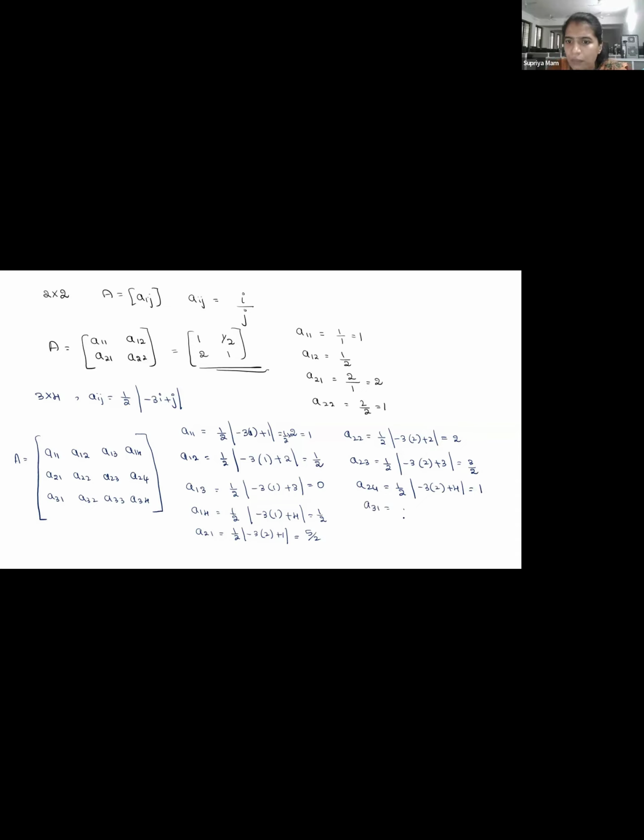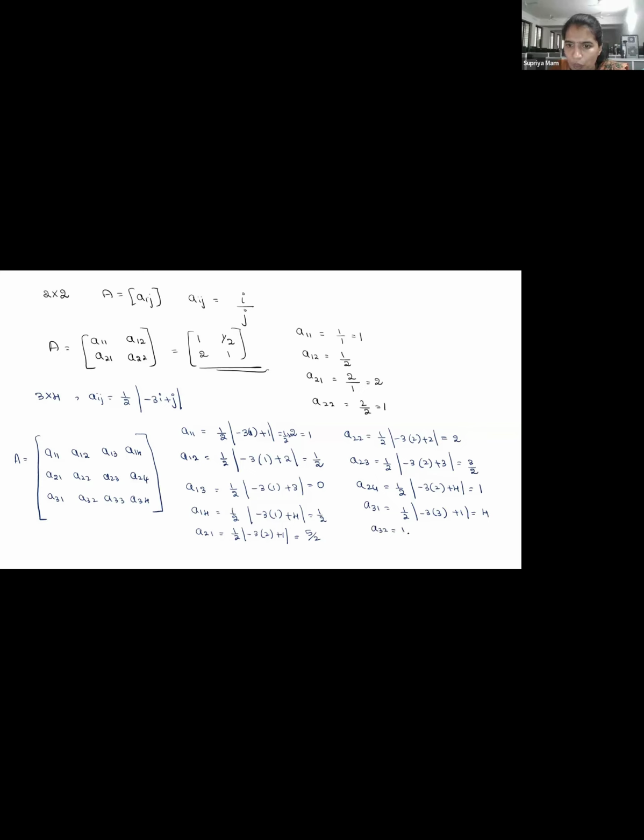A31 is 1/2 mod of minus 3 into 3 plus 1. Minus 9 plus 1 is minus 8, modulus value 8. 8/2 is 4. Yes, very good.